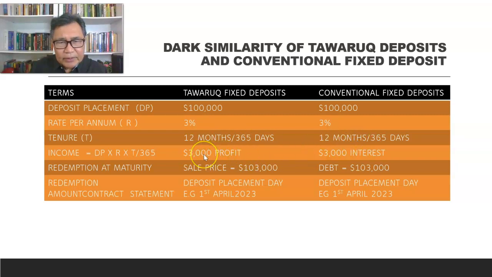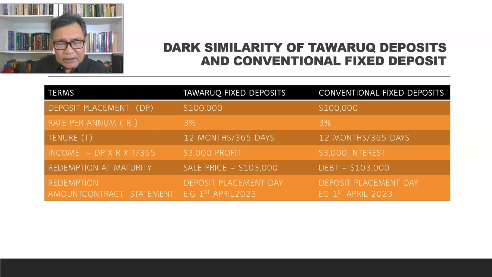The income generated from this placement for Islamic will be $3,000. Deposit placement multiplied by the rate multiplied by the number of days, and the interest income for conventional FD is 3,000. The Tawaruq FD will disclose a sale price which is equivalent to the debt the bank owes the depositor.